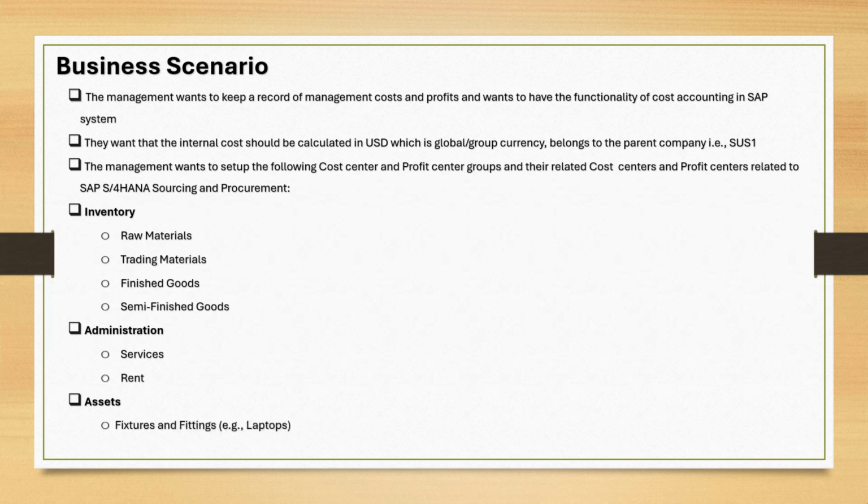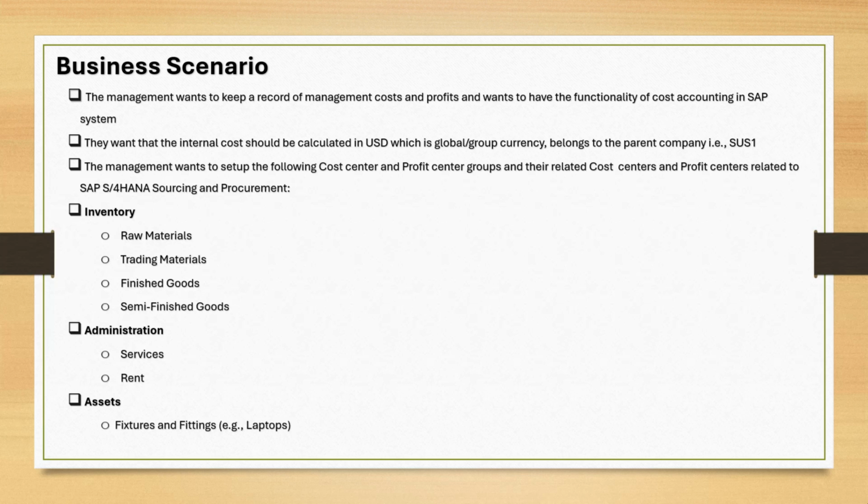We need the profit center and the cost center in order to see how the sourcing and procurement or material management postings are done into the cost centers and profit centers. Normally we will see the postings into the profit center through the assignment of profit centers in the material masters.